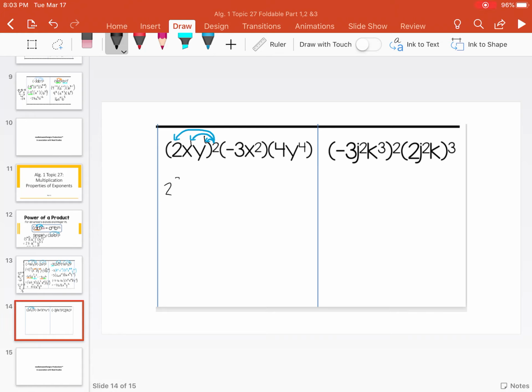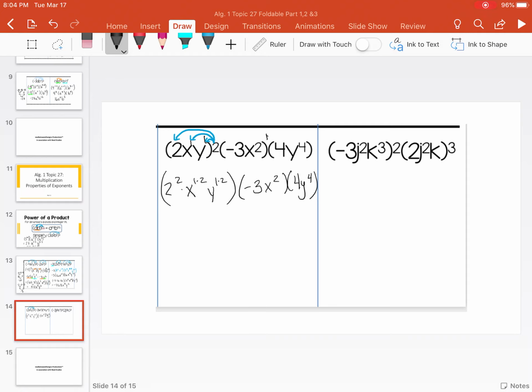So we have 2 squared times x to the 1 times 2 times y to the 1 times 2, and that is our first factor there. Our next one, we're just going to have negative 3x squared and 4y to the 4th, because again, they don't have an exponent on the outside.